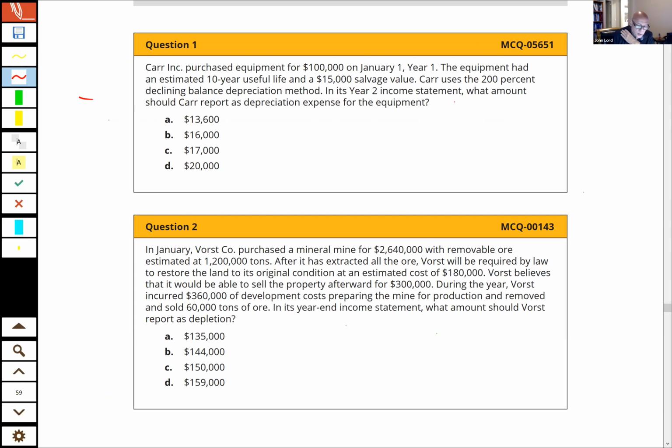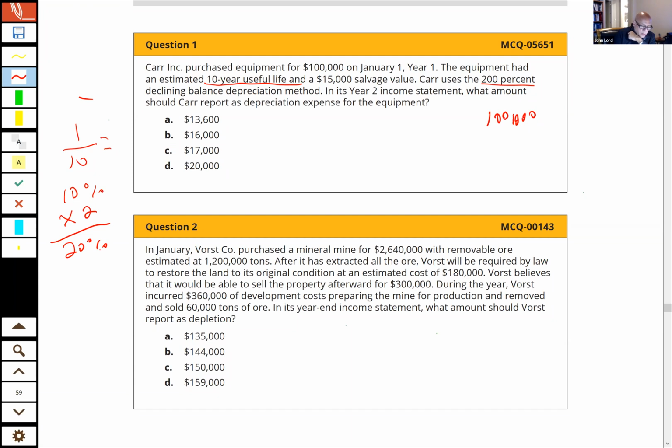I purchased equipment for 100,000, and they tell me that it has a 10-year useful life. If it has a 10-year useful life, that means I take 10% a year using straight line, but they tell me that they're using 200%, which is double declining balance.